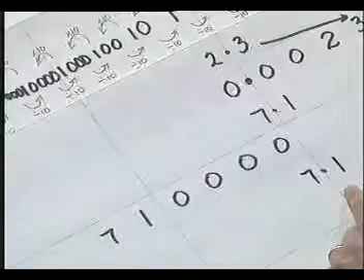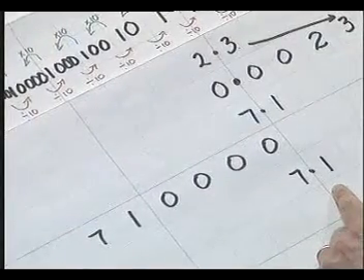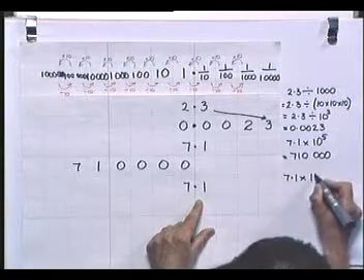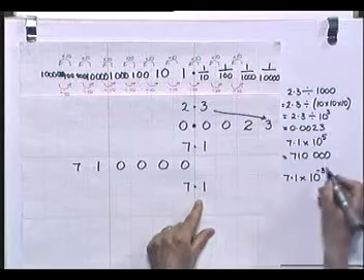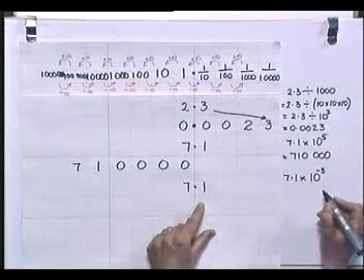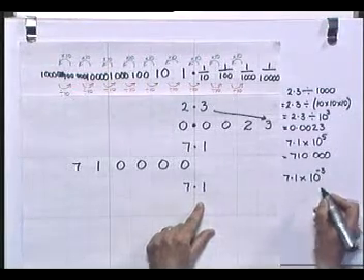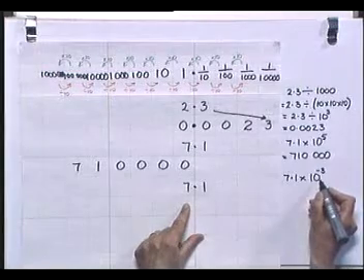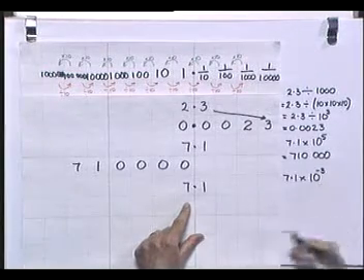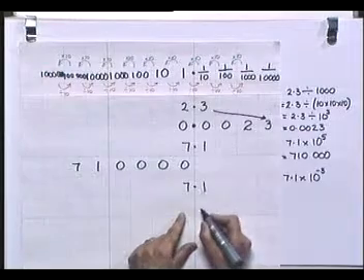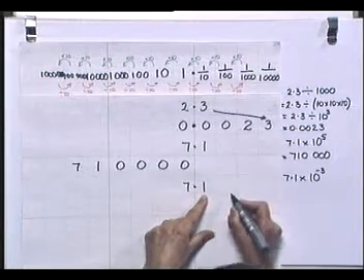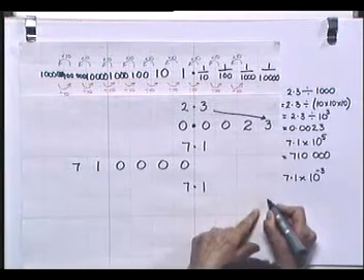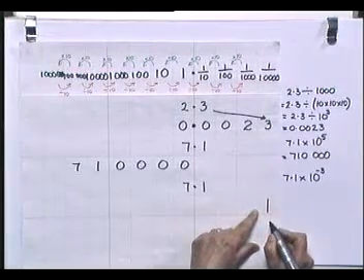And let's have a look at 7.1 again. But this time we're going to multiply it by 10 to the power of -3. And that power of -3 means we're dividing. So we're going to divide by 10, divide by 10, divide by 10, 3 times. So our 1/10 is going to move 1, 2, 3 places in this direction.